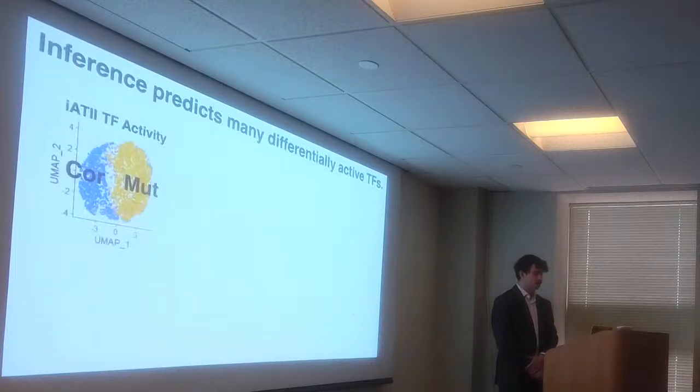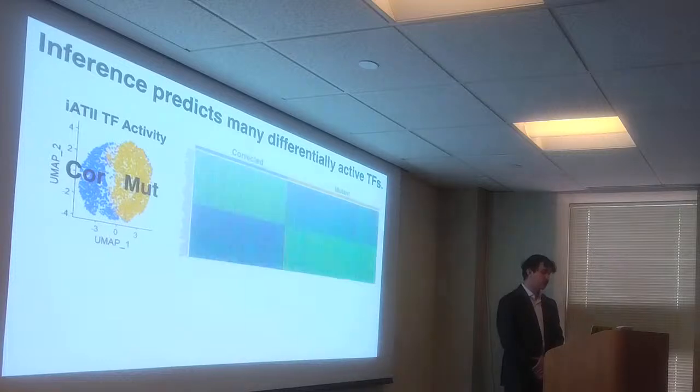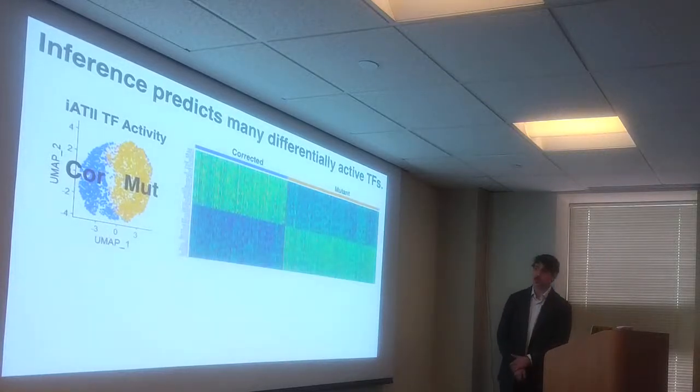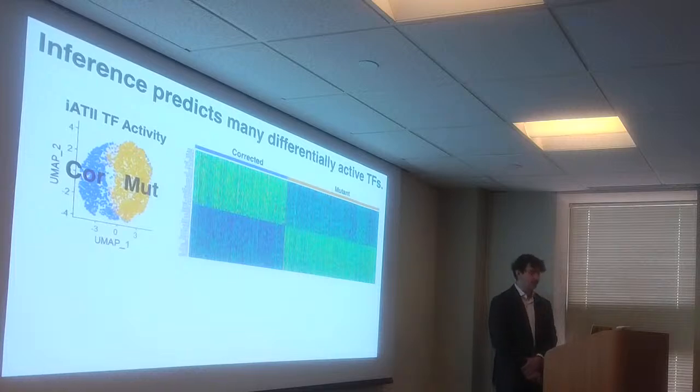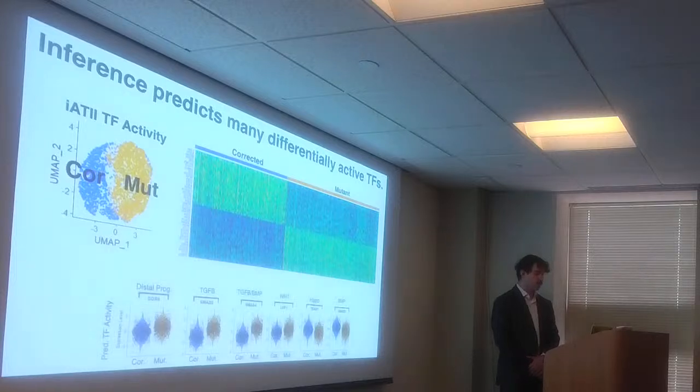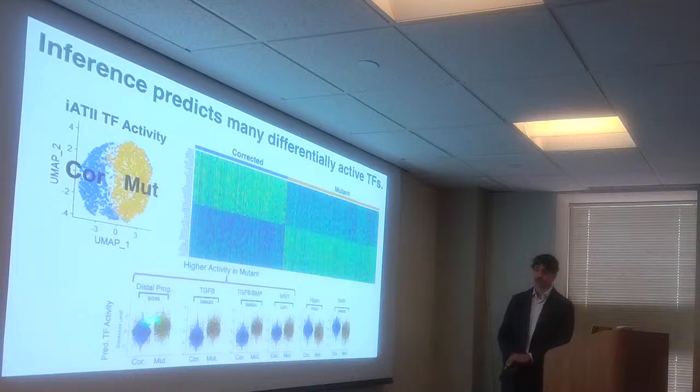And we really wanted to dig into what some of these differentially active transcription factors actually are. So you can see this is just the top 50 or so differentially active transcription factors. So we see strong separation between the two. And of note, some of these are really critical for lung development. So with higher activity in mutant, we see SOX9, which is associated with the distal progenitor state.